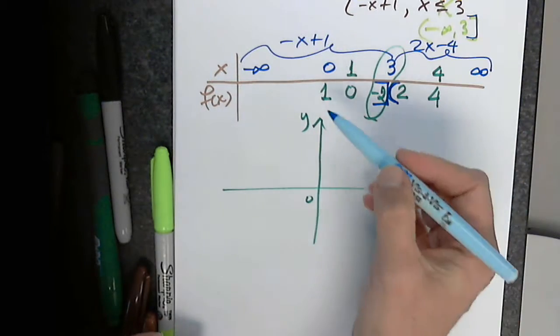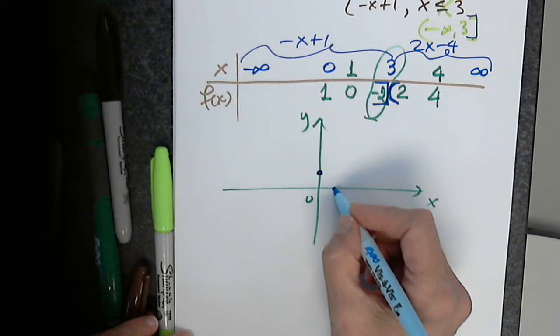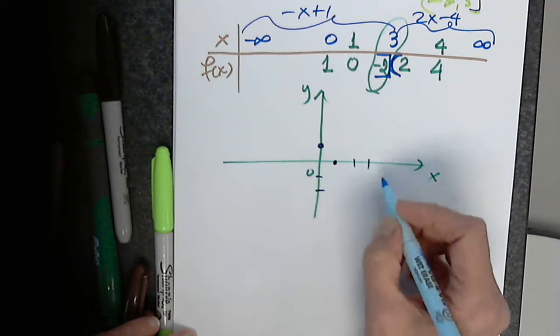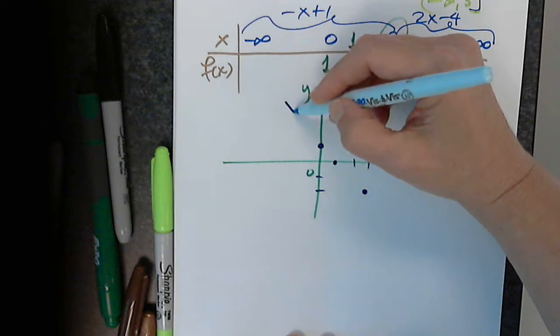So (0, 1) is this point, (1, 0) is this point, (3, negative 2) is this point, and it's a solid point, full point.